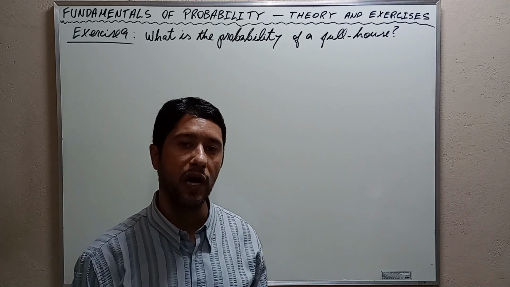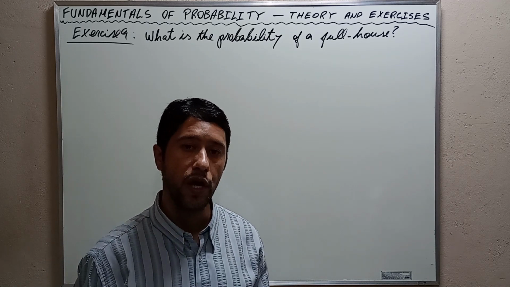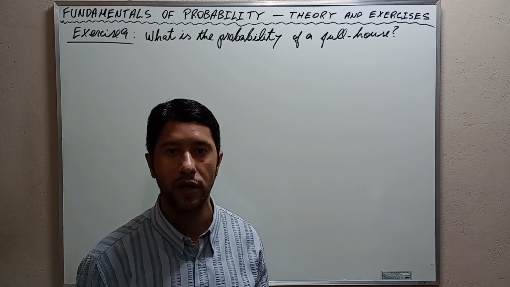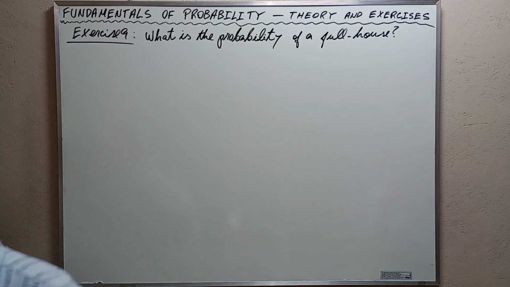But before calculating anything, we need to have a complete understanding of what a full house is. Firstly, we need to understand what a full house is. For instance, one kind of full house is 10 of hearts, 10 of spades, 10 of clubs, ace of diamonds, and ace of clubs.